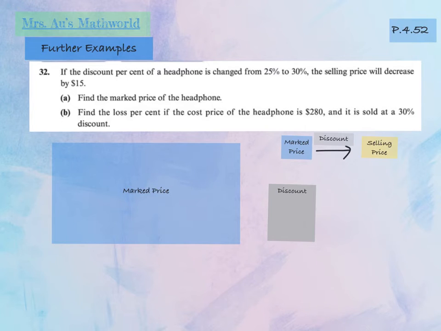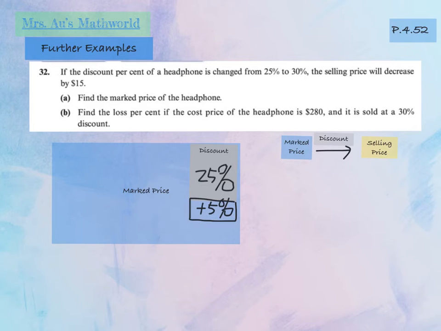It says there is a market price, and we have a discount of 25% first. And then later on, the discount changed from 25% to 30%. That means we will have 5% more for the discount, and this extra 5% belongs to the market price.